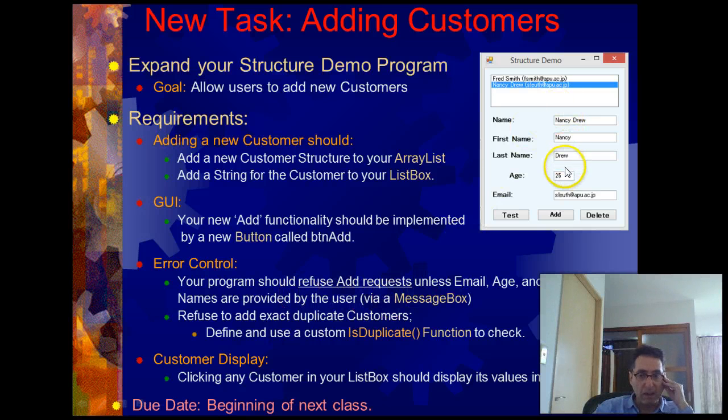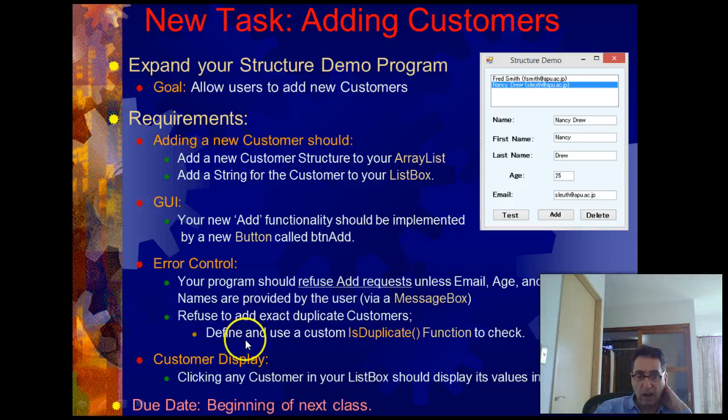So in other words, if they forget to put something in there, then you should give them a message box, hopefully telling them what they forgot to put in, and don't let them add until they have filled out all these fields. So they have to come back here and fix the fields, and then if it passes, then you might have a message box saying, do you really want to add this customer?